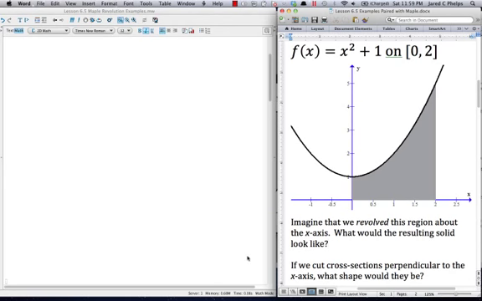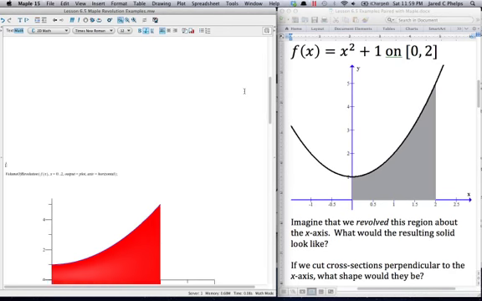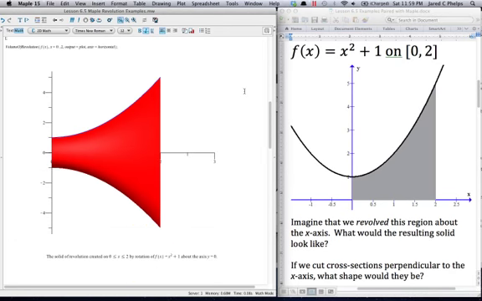Now, the good news is I've got this awesome program called Maple that will let me show you what this thing looks like. It looks like this. And the scale isn't quite the same here, but the idea is, if you imagine taking this shape and you revolved it around the x-axis, it would certainly flip down to this section down here.